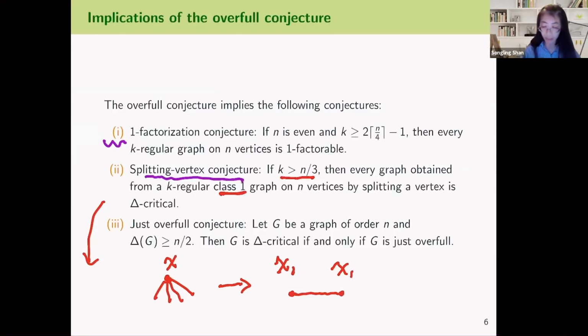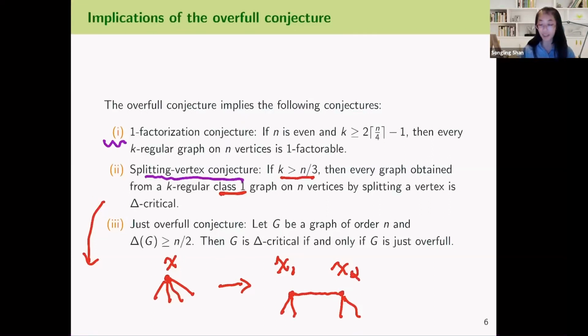Then the neighbors of x can be arbitrarily distributed between x1 and x2. The degrees of x1 and x2 are required to be at least 2, but we can arbitrarily distribute the neighbors of x as the neighbors of x1 and x2.